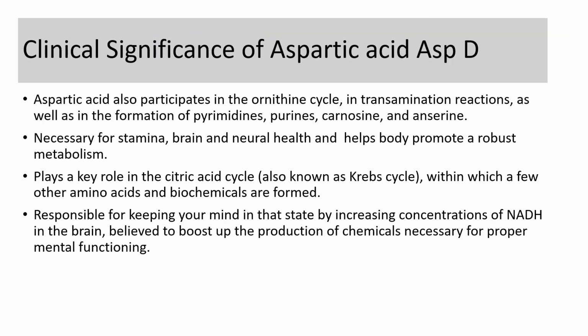What is the clinical significance of aspartic acid? Aspartic acid also participates in the ornithine cycle in the transamination reaction, as well as in the formation of pyrimidines, purines, carnosine, and serine. It is necessary for stamina, brain and neural health, and helps the body promote a robust metabolism. It plays a key role in the citric acid cycle, known as the Krebs cycle, within which other amino acid biochemicals are formed.